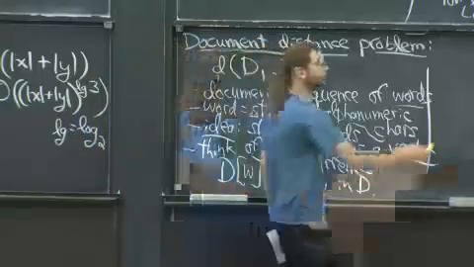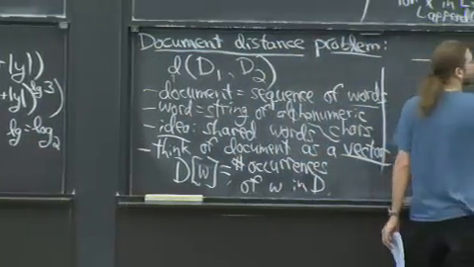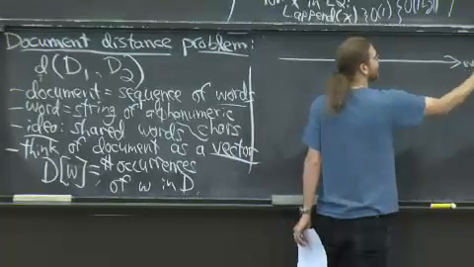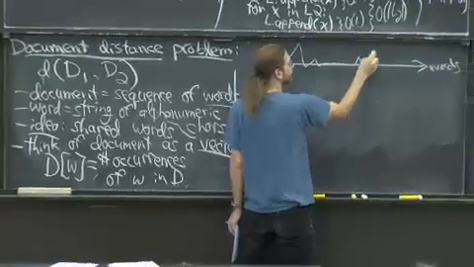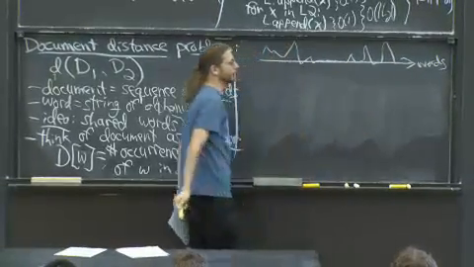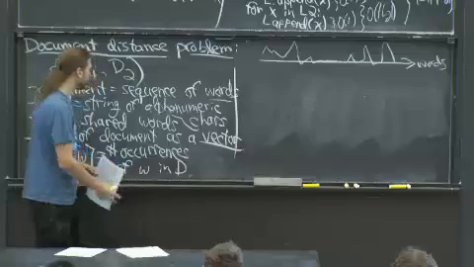I think of this as a giant vector indexed by all words, and for each of them there's some frequency. A lot of them are 0, and some of them have a positive number of occurrences.